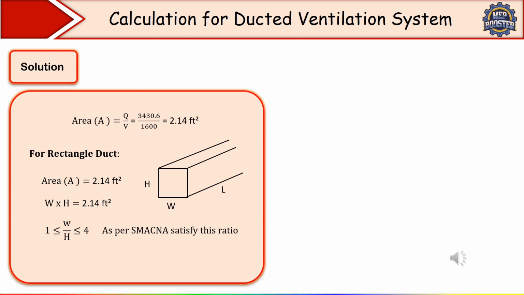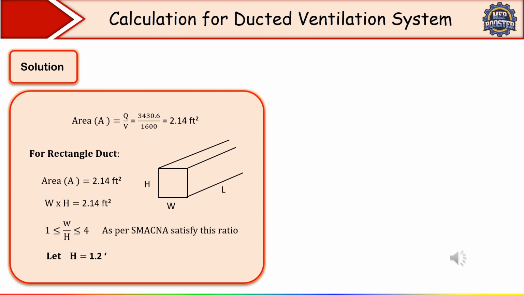And remember, the height you have to take as per that. If you calculate the ratio, you will get a value greater than or equal to 1 and less than or equal to 4. So what height do I have to assume? Suppose I assume the height of the duct is 1.2.